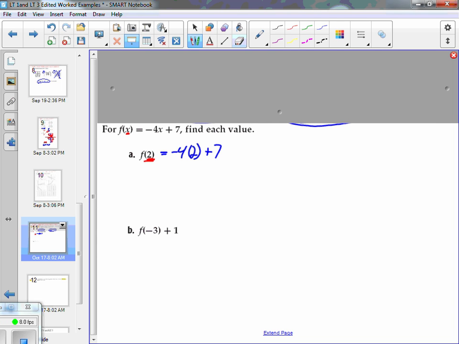Substitute whatever's in the parentheses here for your x. Now, isn't this easier than the evaluation problems we started the year with? It's the same idea, but hopefully they're a little bit easier. So, negative 4 times 2 is negative 8. Negative 8 plus 7 is negative 1. So what we found is that f of 2 equals negative 1.